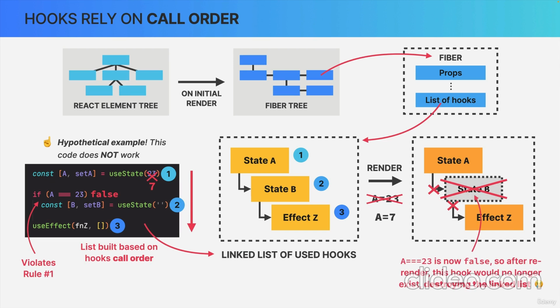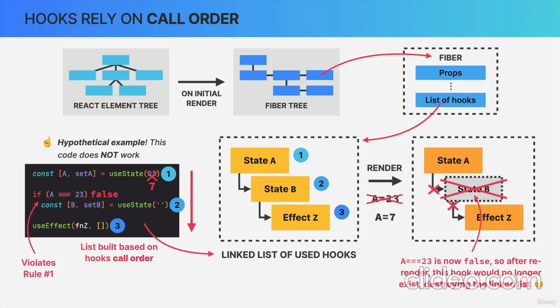It works this way because fibers are not recreated on every render, and so this list is also not recreated. So if one of the hooks just disappears from the list, then the order of the list will get completely broken. So in conclusion, if we conditionally use a hook like we did here, that will completely mess up the list of hooks between renders, which will leave React confused and unable to correctly track all the hooks that were used.